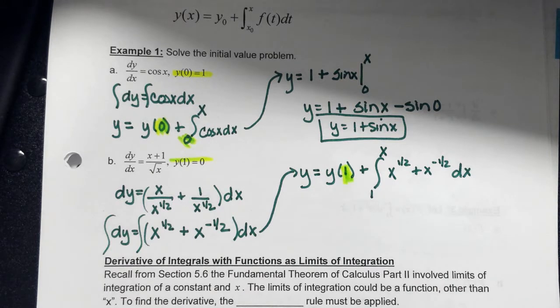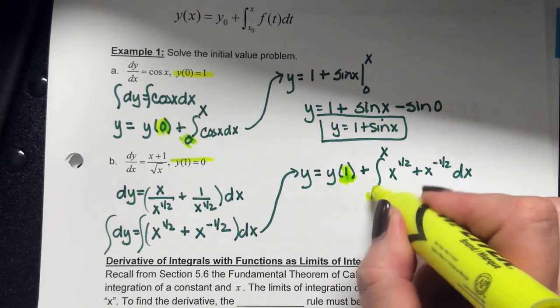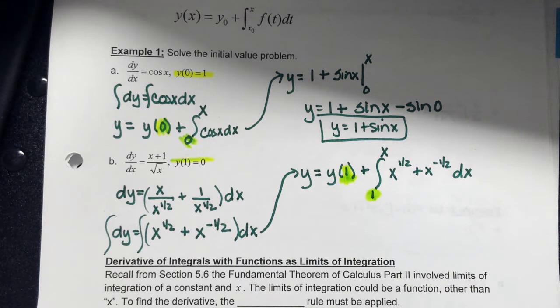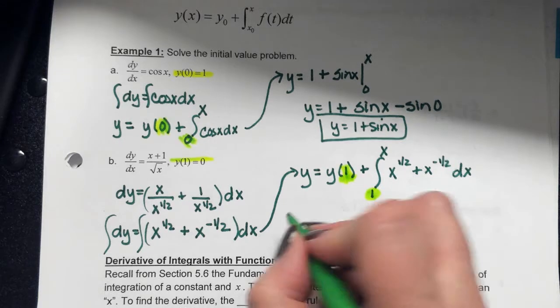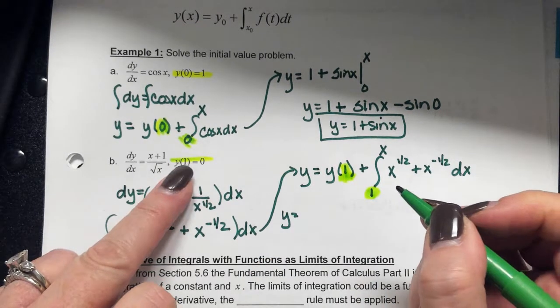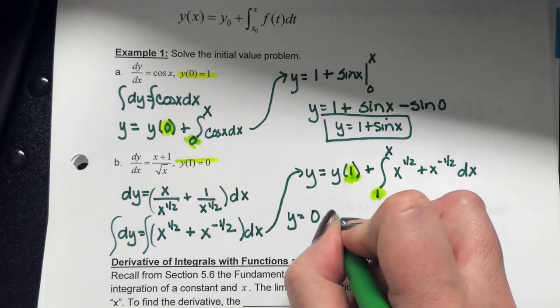So just remember, whatever this x value is, that's got to be the same value as the lower bound. Notice this one's not starting at 0. So then y is equal to, again, they're telling you y of 1 is equal to 0.